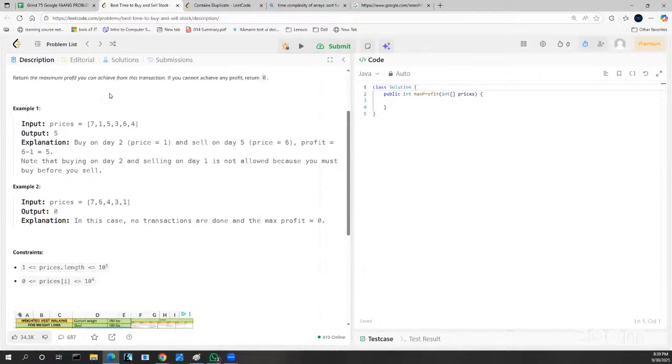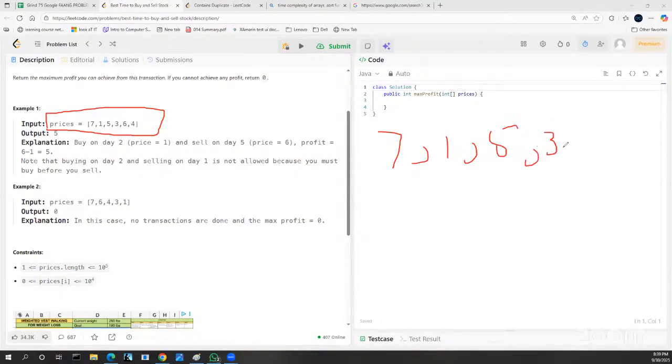If you're given an array named prices, say 7, 1, 5, 3, 6, 4, these are the rates on each day.